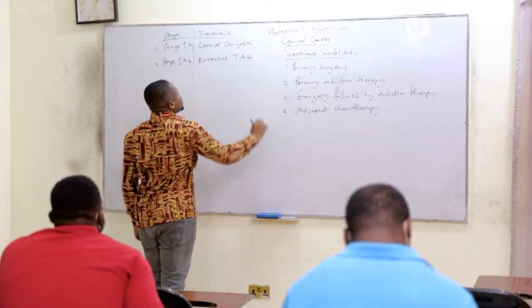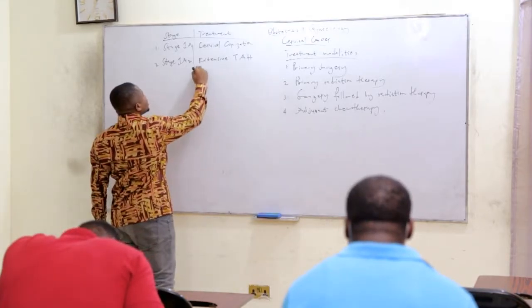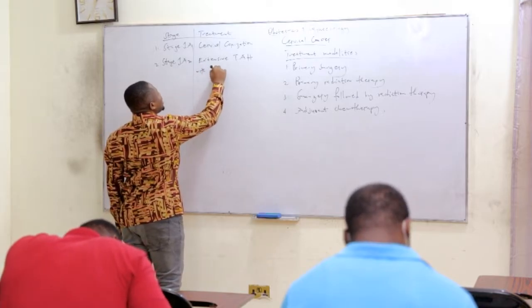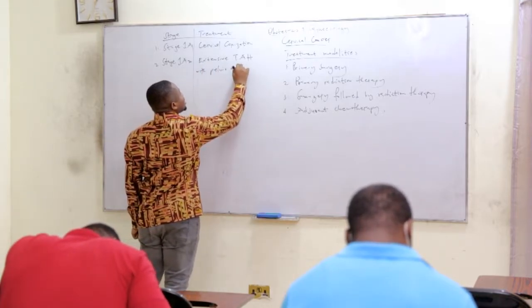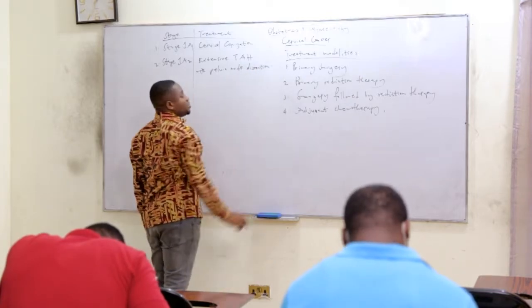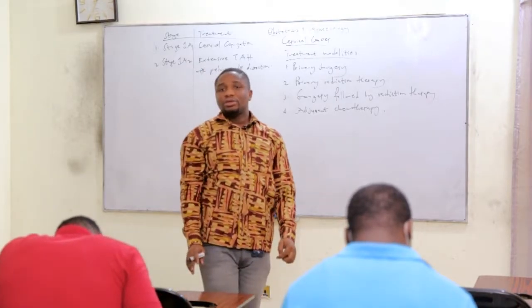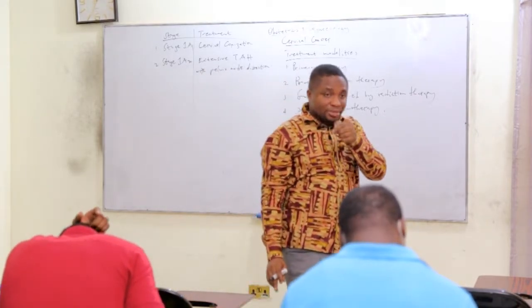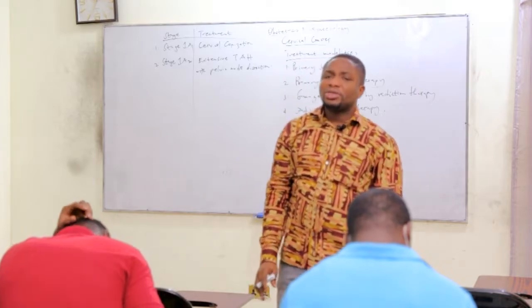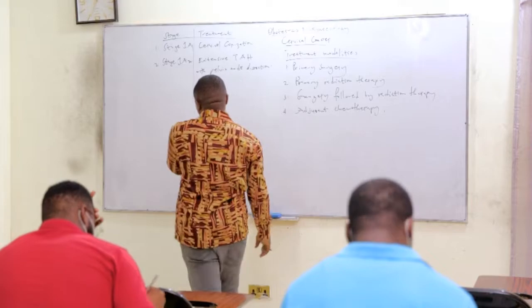TAH stands for total abdominal hysterectomy. We know that. With pelvic node dissection, so that we can get rid of what? Infiltrations of the pelvic nodes. Okay. Extensive total abdominal hysterectomy with pelvic node dissection.